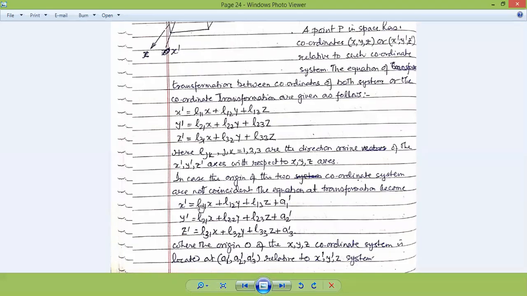So we have to add these to the equation to get the coordinates x, y, z. So this equation is more or less proved here.